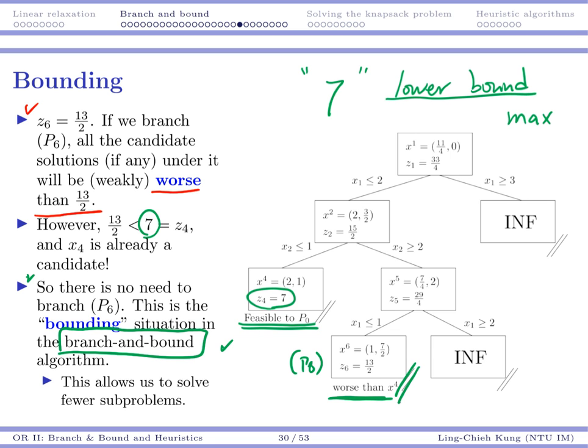The optimal solution cannot be worse than 7 because 7 is already feasible. Your optimal solution must be better than 7: 7, 8, 9, or whatever. So if you see 13 over 2, you don't need to keep branching. This lower bound provides us this useful information.